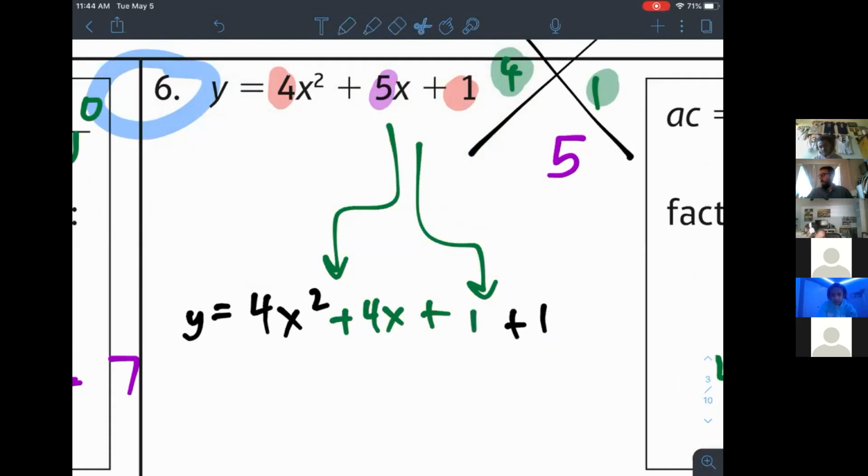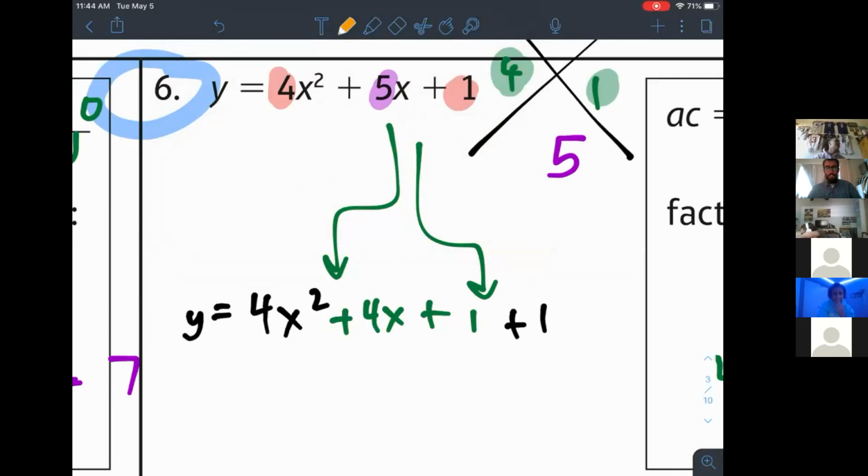And now we're rolling. What do I do from here? Can anyone tell me a word for what I should do from this point? Zaid, you got it? I think combine. You could combine them, but if we combine them, we'll be right back to where we started. I like the thought process, but that's not what I meant.